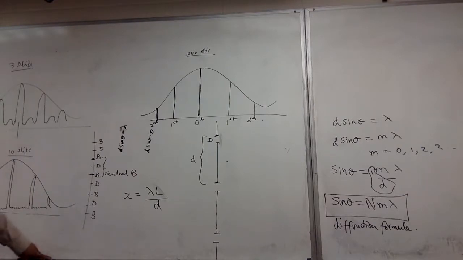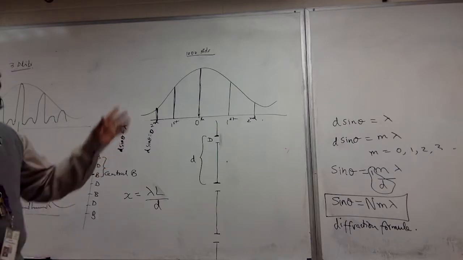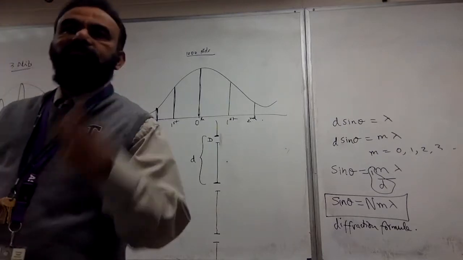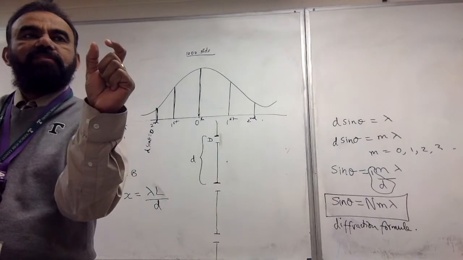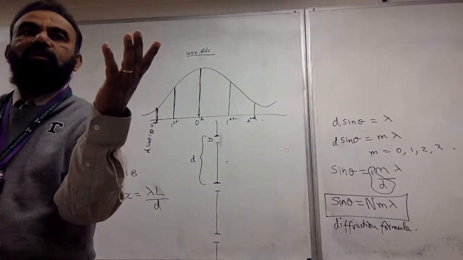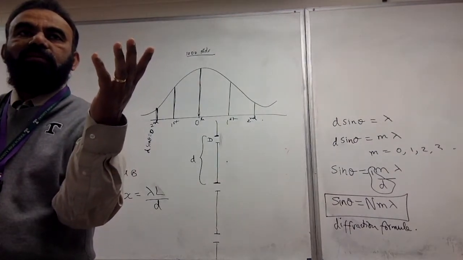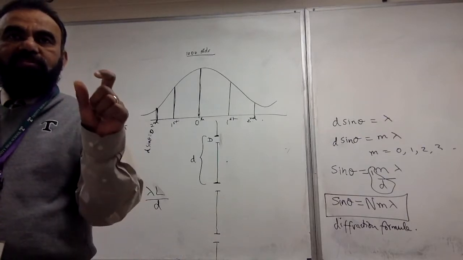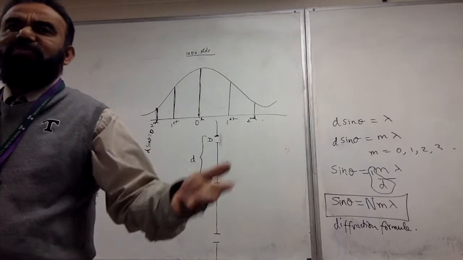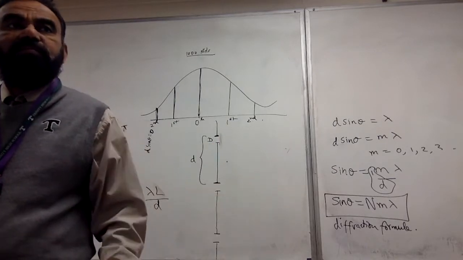So that's the diffraction formula, where N stands for the number of slits per meter. Of course, the unit is per meter. And so when I say there are 1,000 slits per centimeter, sometimes they give you per centimeter. What is N then?